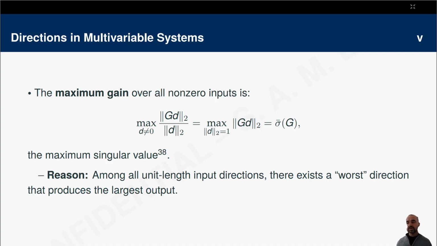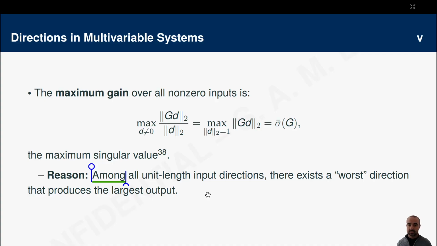Among all unit-length input directions, there exists a worst direction that produces the largest output.